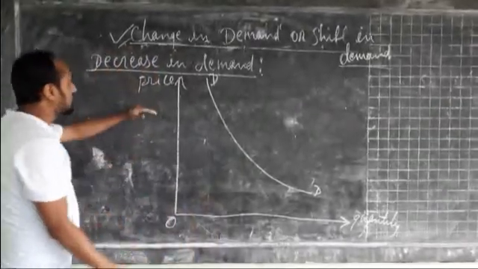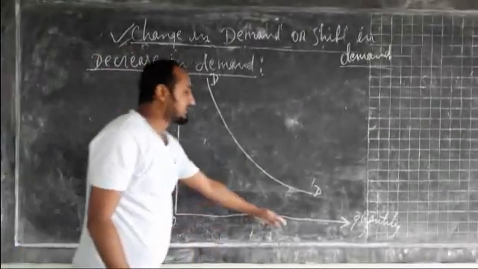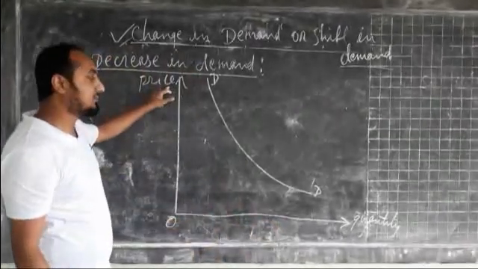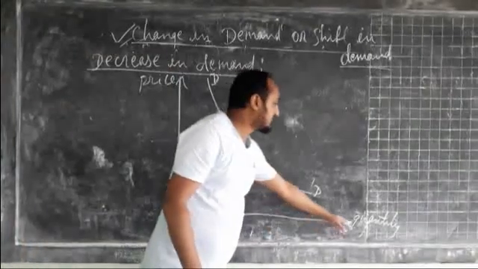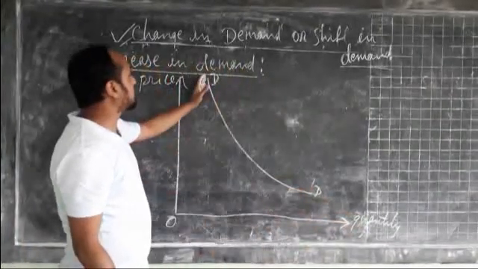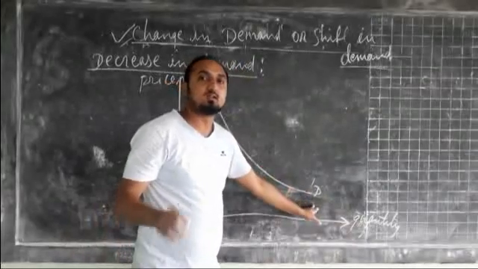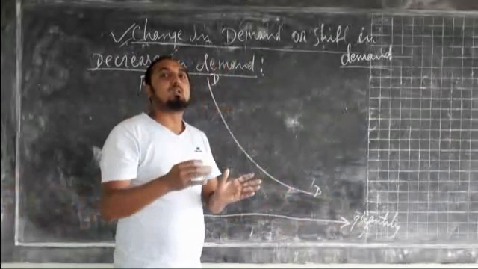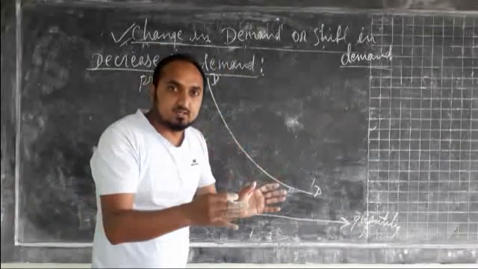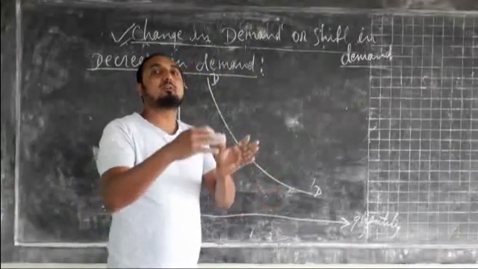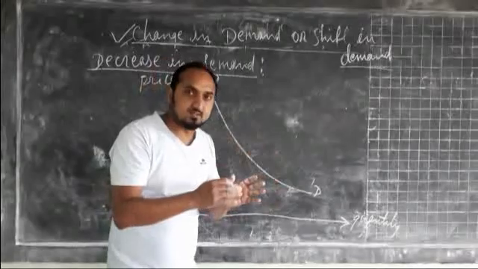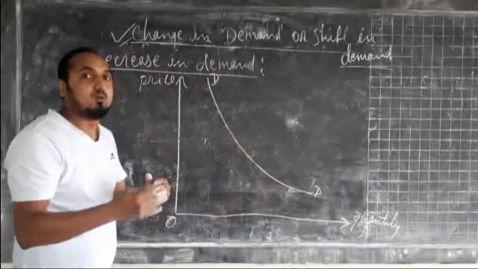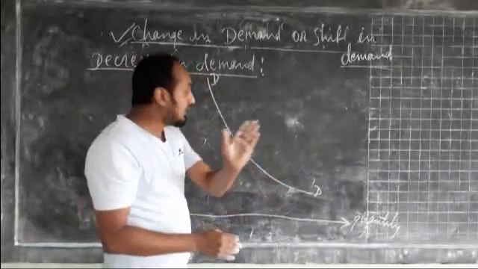Okay, let's consider two axes, y-axis and x-axis. So in y-axis we are measuring price. In x-axis we are measuring quantity, and this D is the initial demand curve. Now I am going to show the situation if the income of the consumer decreases or taste and preference for any commodity decreases, then what will happen? The demand curve will shift leftward.